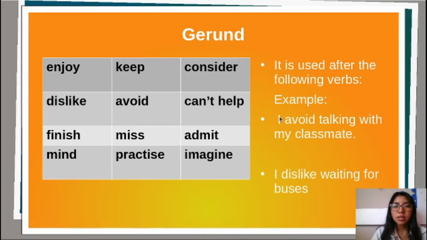Okay? In this case, I have the verb avoid. As the verb avoid is in the list of gerunds, the second verb is going to be in gerund form. I avoid talking with my classmate because the verb avoid is in that list. Okay? We are going to see the second example. I dislike.